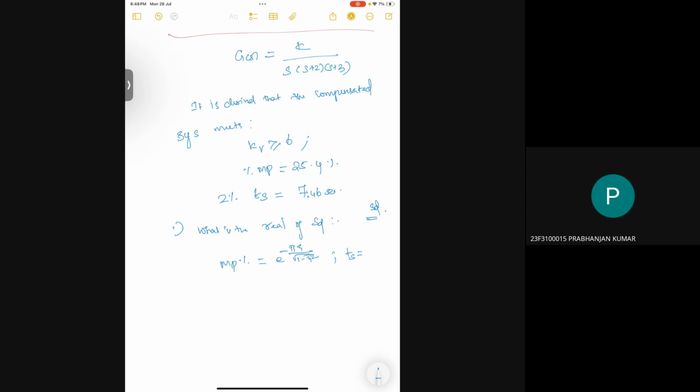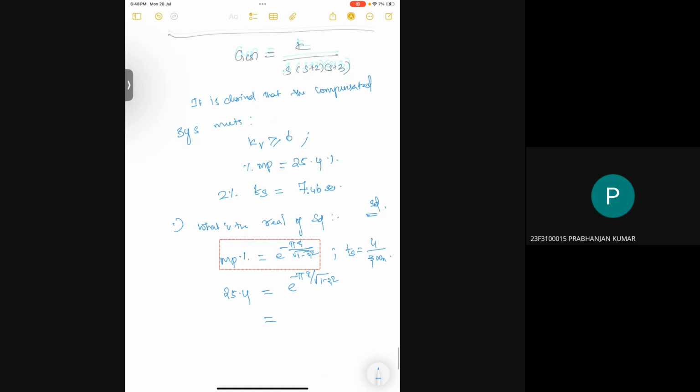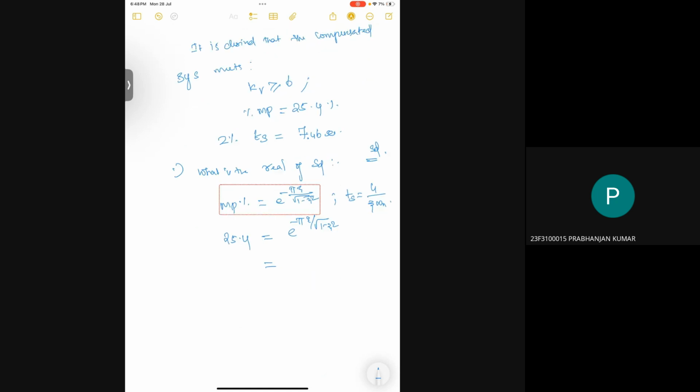The settling time for 2% tolerance, this is the formula for it. So it involves both zeta and omega n. Settling time we know, peak overshoot we know. So based on this, can we find the zeta? Because zeta we don't know. So this will become 25.4, the maximum. So this will always be. Can you find this and tell me? Otherwise, it will take a long time.